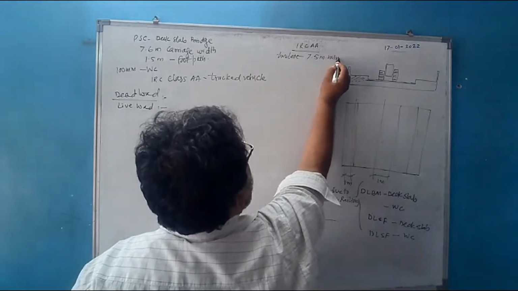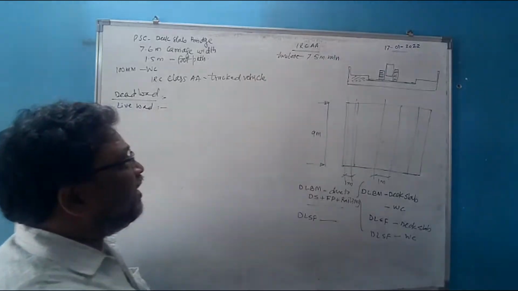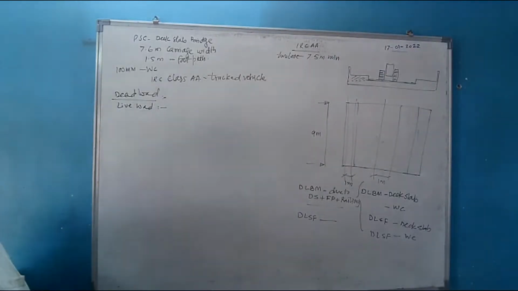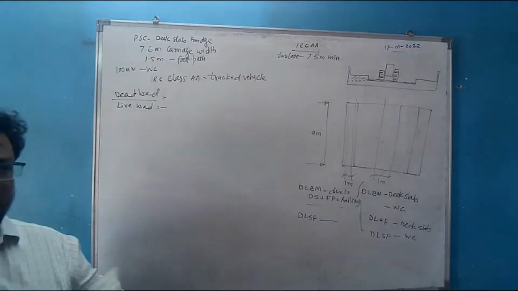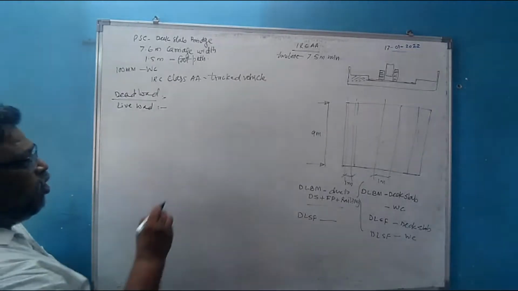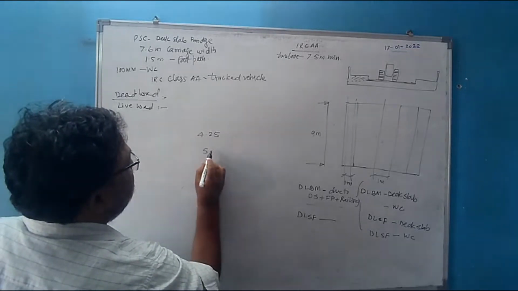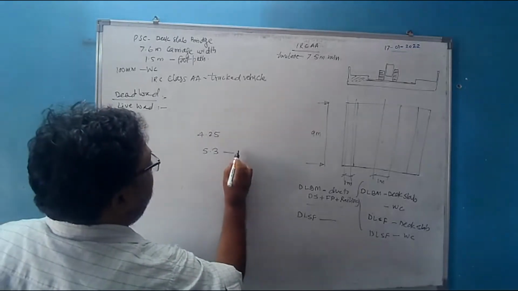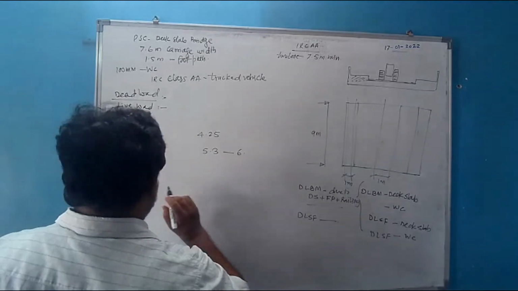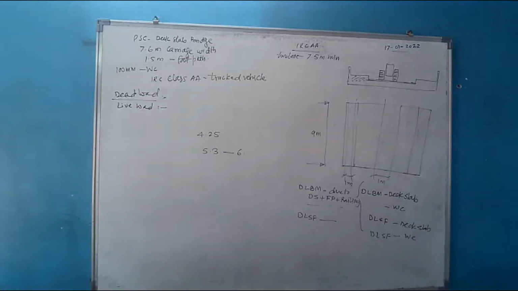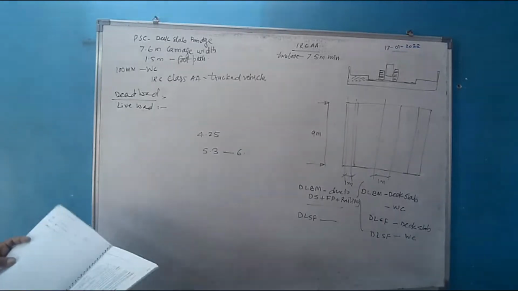This is minimum. And if you remember, we had discussed in our last lecture how do we decide the number of lanes. For 1 lane it is 4.25. For 2 lanes it is minimum 5.3 to 6 point something, I don't remember now. That is given to us in IRC 6. If you refer to IRC 6, here you will find how much it should be for 2 lanes.